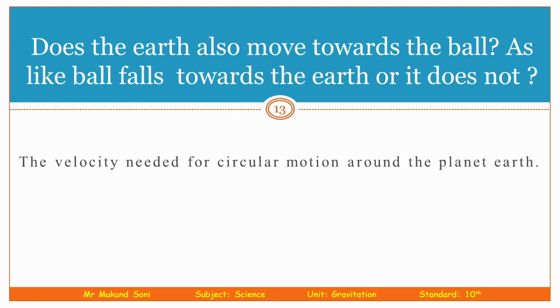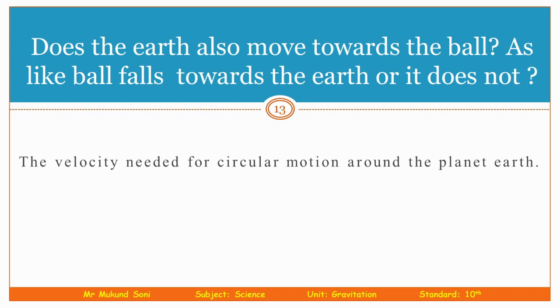We all know that the Moon is revolving around Earth as well as rotating with a certain velocity. That velocity is called the critical velocity of the satellite.